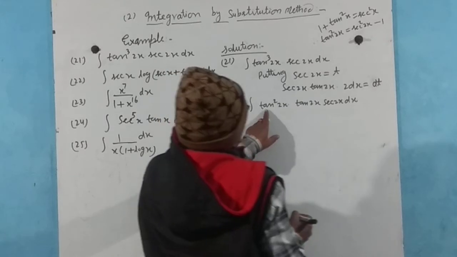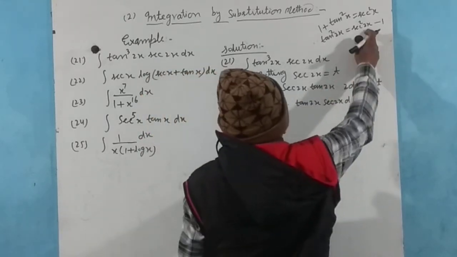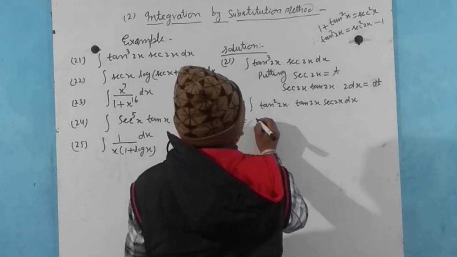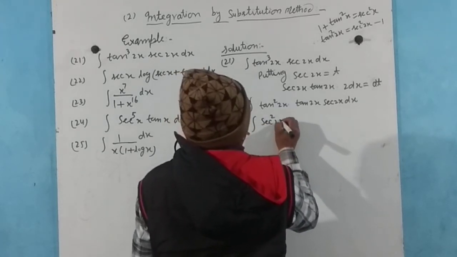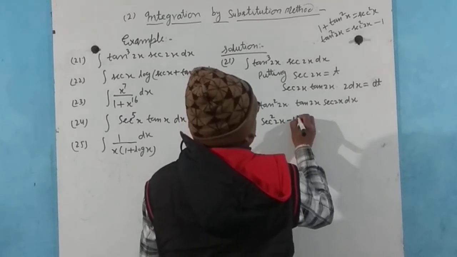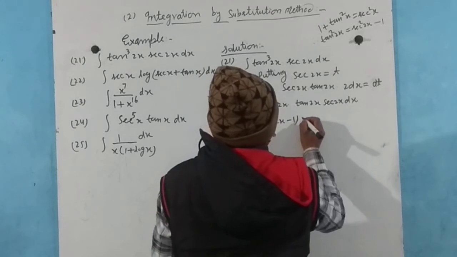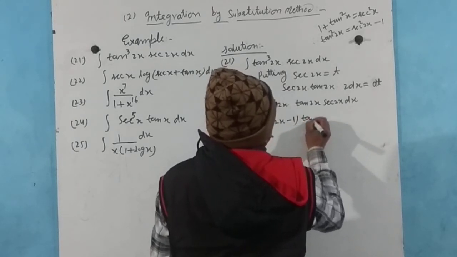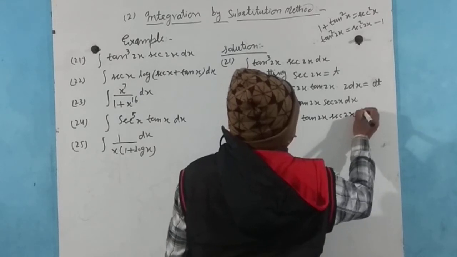Now in place of this we can write this: integration of sec square 2x minus 1, and here tan 2x sec 2x dx.